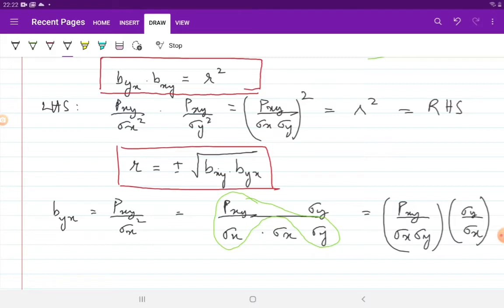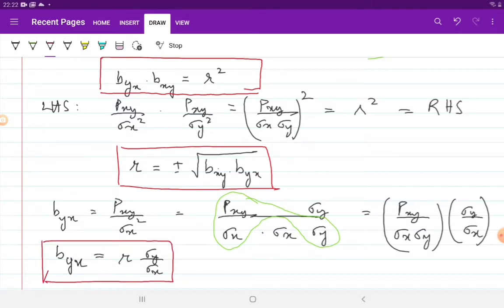So like I said, I get another way of expressing the regression coefficient byx in terms of the correlation coefficient r into sigma y by sigma x. This relation is very useful.